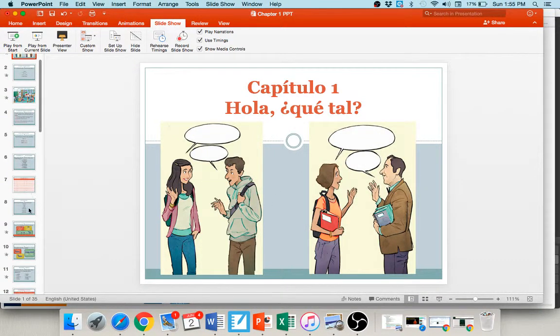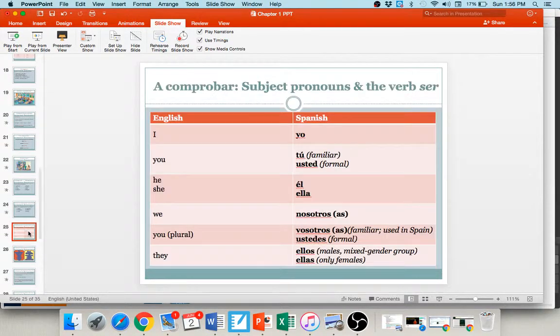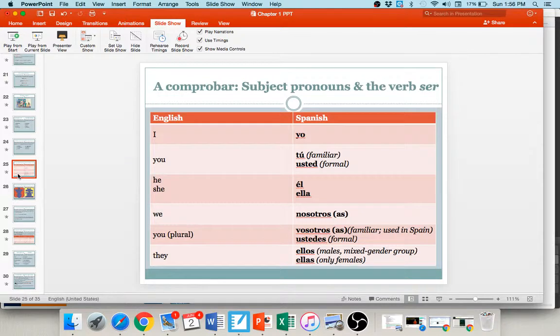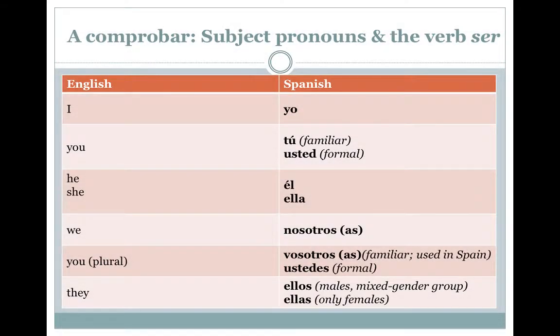So I'm actually going to skip down really quickly to teach you about your subject pronouns in Spanish. This is one of the most important things you will learn, and I always organize them in box format. But before we do that, let's just go through some of these basics. So you have yo. Yo means I. We have two ways to say you, as I was saying before. We have tú, which is the familiar or the informal way of saying you.